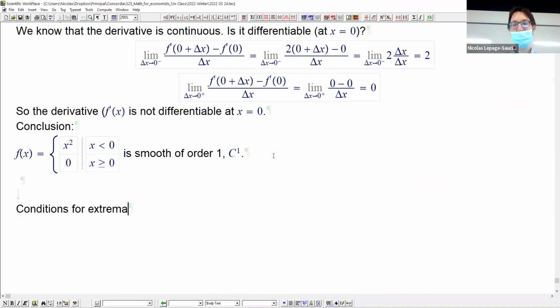One condition for an extremum is looking at whether, on the left of some critical point, the function has a negative derivative, and on the right a positive derivative. So let's use an easier way of checking it.